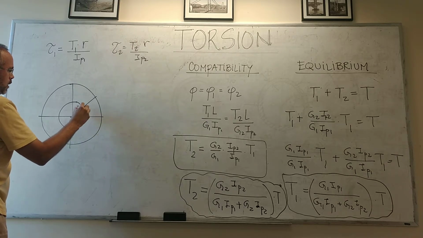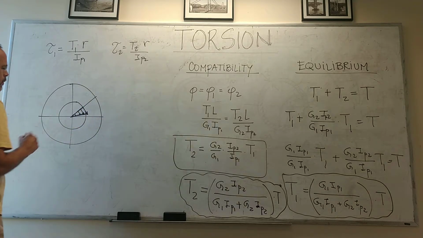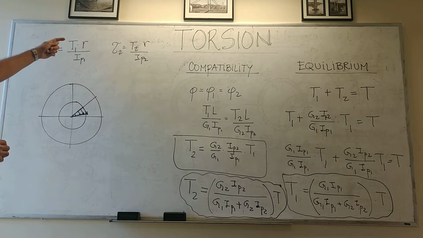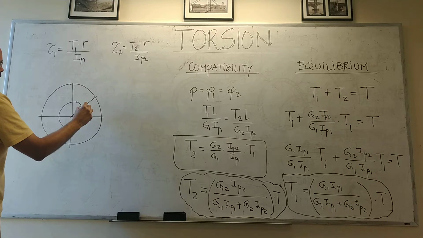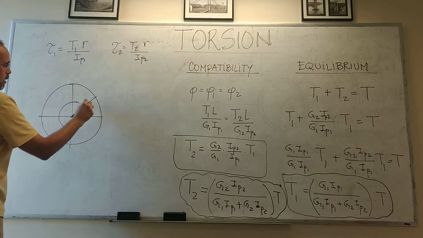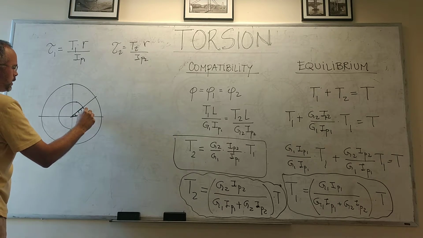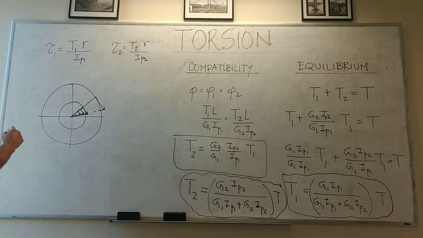This is for material 2, which is at the core, and then material 1, which will have a discontinuity. It'll not follow this same straight line like that, because it has a different G and a different IP.